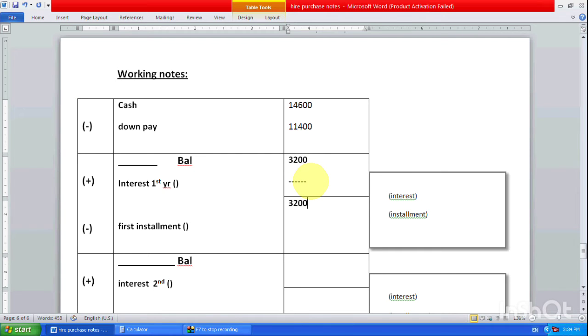First year interest is nil because the installment is 800 plus interest. Whatever 800 amount we are paying, the interest is included in that installment only. So interest is already added in the installment, and we have to find how much is installment and how much is interest. This is for 1st July.